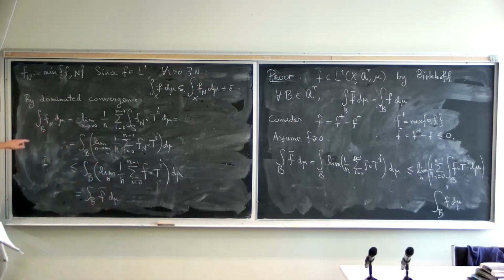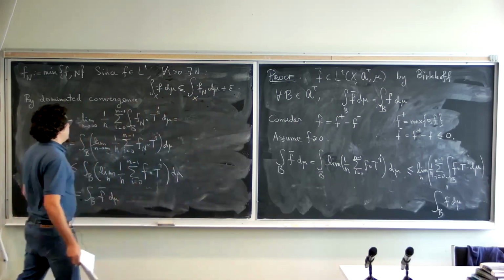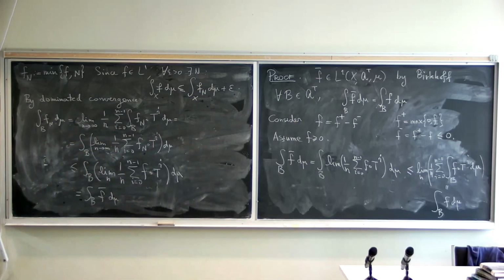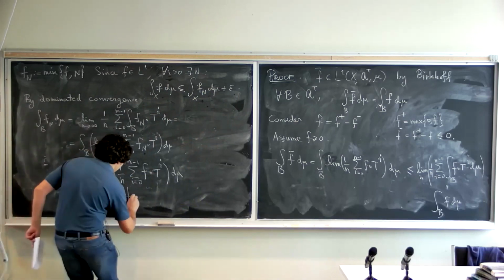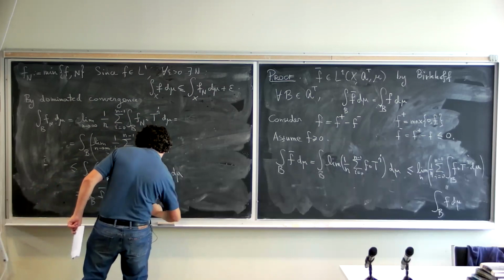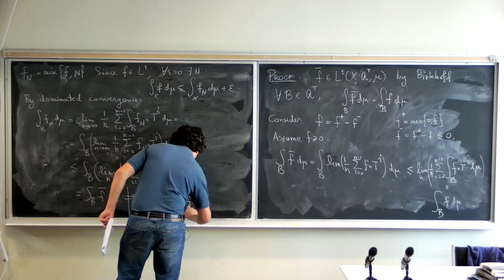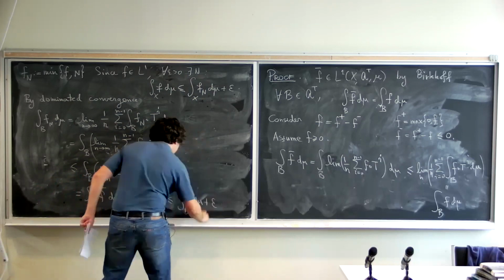So the integral of Fn is less or equal than the integral of f bar. And the integral of f is less or equal than the integral of Fn plus epsilon. And so we're done, right? So from here, we get that the integral of f dμ is less or equal than the integral of f bar dμ plus epsilon.